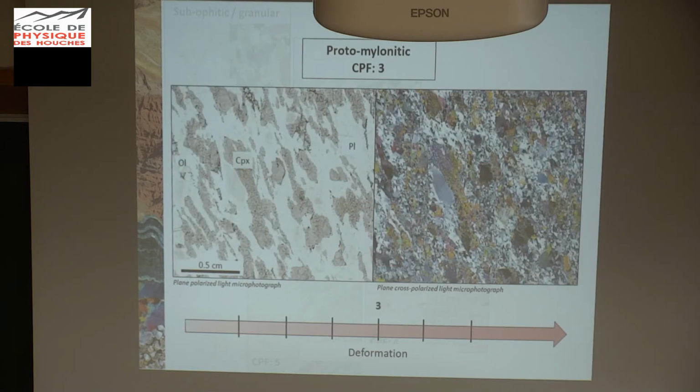Then, when deformation increases, almost all of the plagioclase grains are recrystallized, but we also have the start of recrystallization of clinopyroxenes and olivine from the edge of the grains to the core of the grains.